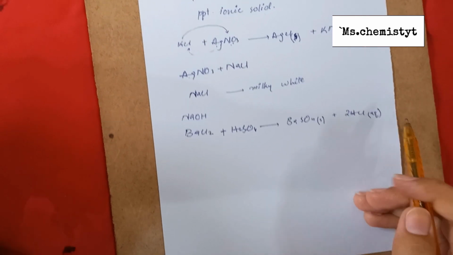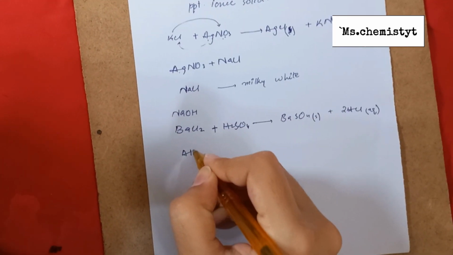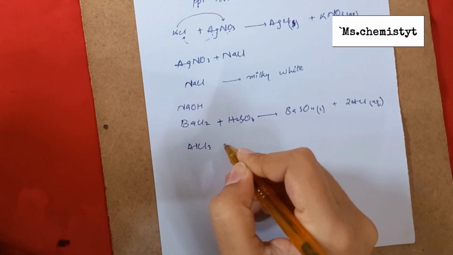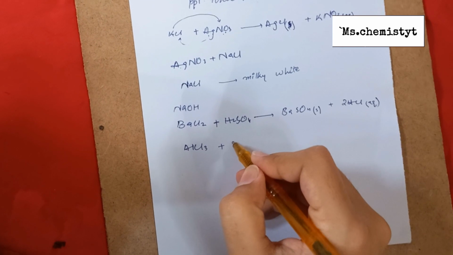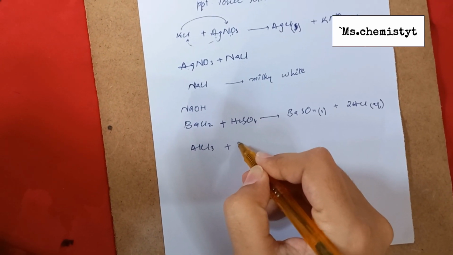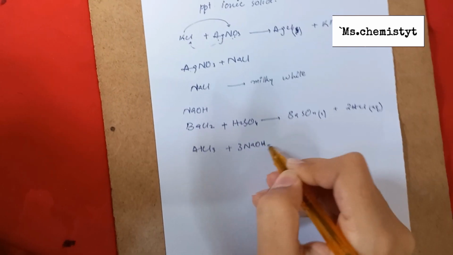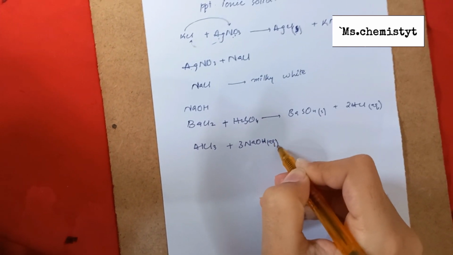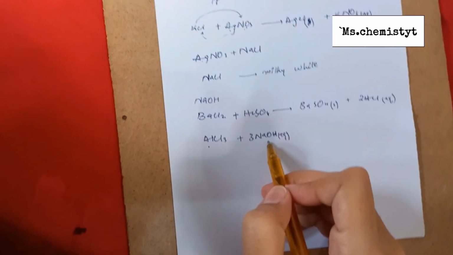Here is another example, aluminum chloride. Aluminum chloride will react with sodium hydroxide.